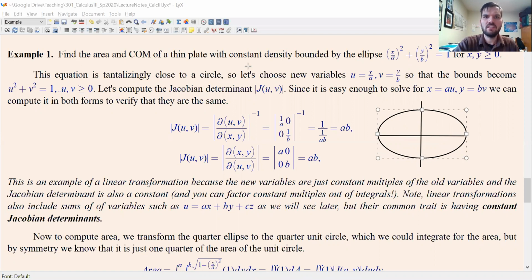Now, what we're actually computing is based upon values of a for the x and b for the y. So let's write that down. This will be a and minus a. This will be b and minus b for the y-axis. And what we're actually computing is the area and center mass of this region over here in the first quadrant.